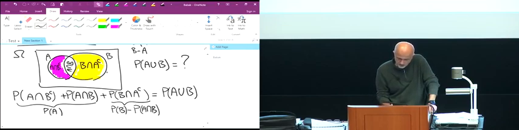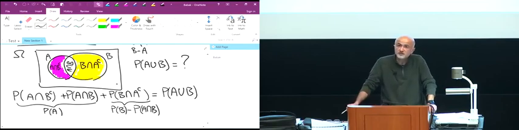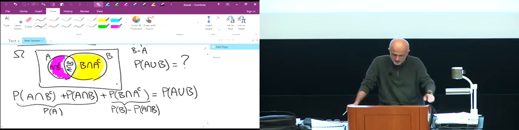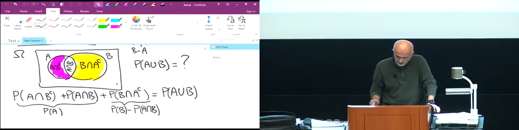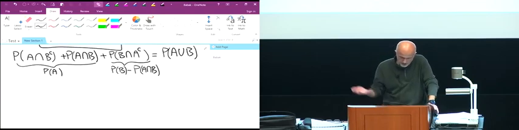So now when I look at the universe of the event B, that sub-universe, I can split it into two segments, the yellow and the white. All we're saying is that the sum of the yellow probability and the white probability gives me the probability of B. So the yellow probability is the difference between the probability of B and the probability of the intersection. And I have my equation.